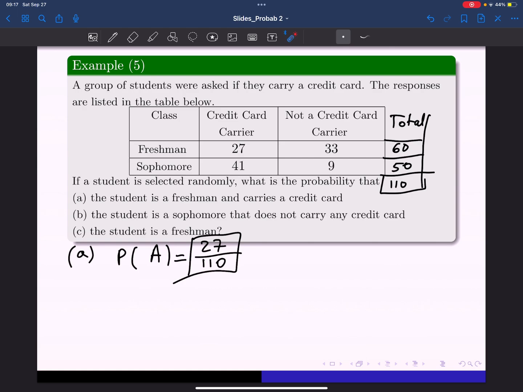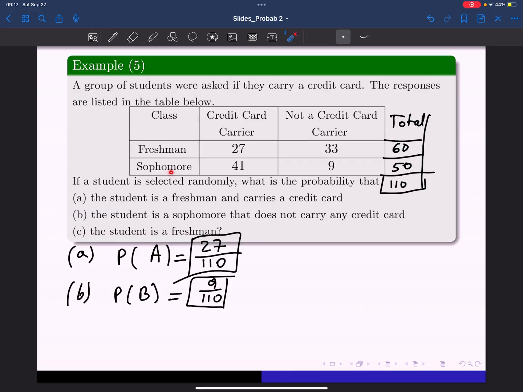For part B, the student is a sophomore who does not carry a credit card. Sophomores without a credit card is 9 out of the total number. So for part B, let's call it the probability of event B, and in that case we're going to have 9 out of 110 students.